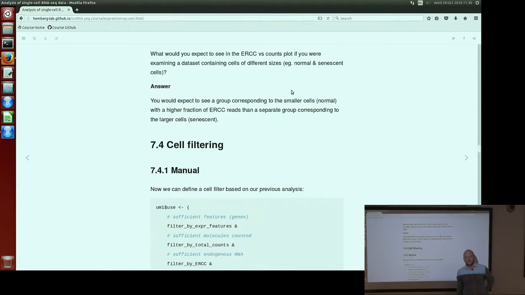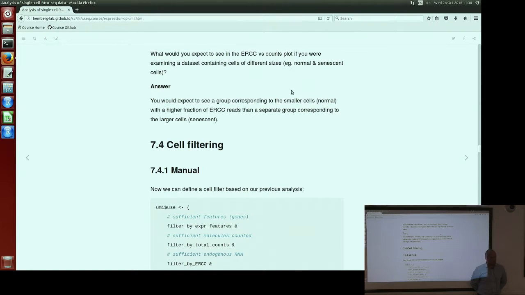So the question is, how deep do we sequence per cell? It really depends on the biological question. There was recently a paper from Sarah Teichmann's group where they showed that across a lot of different protocols, at about 1 million reads per cell, after that you no longer detect additional genes.